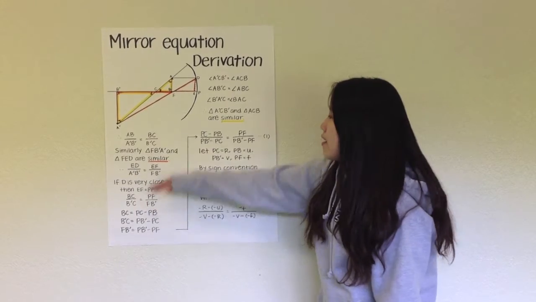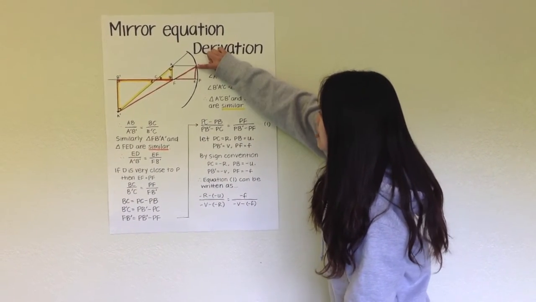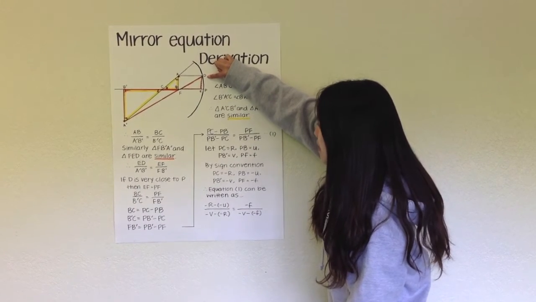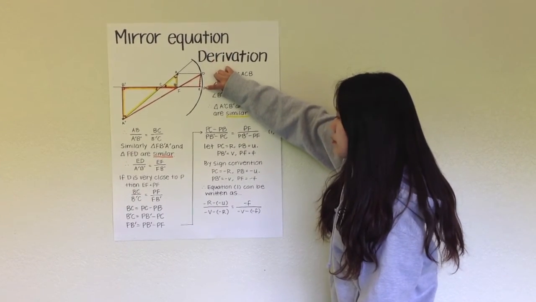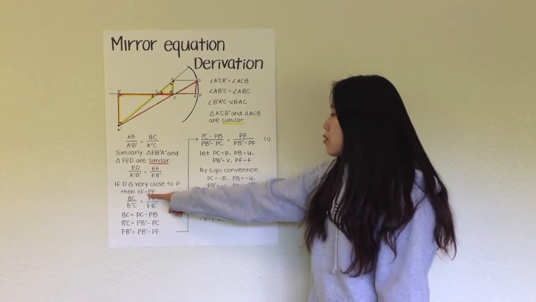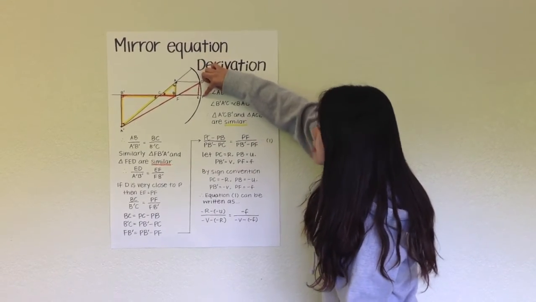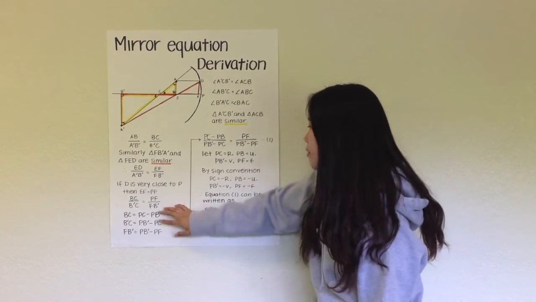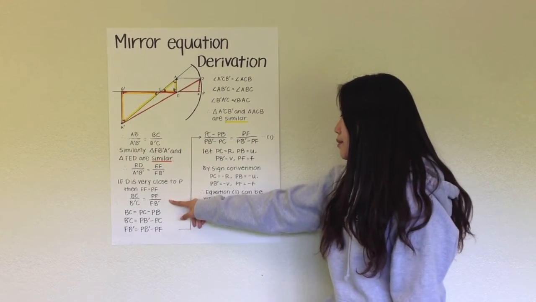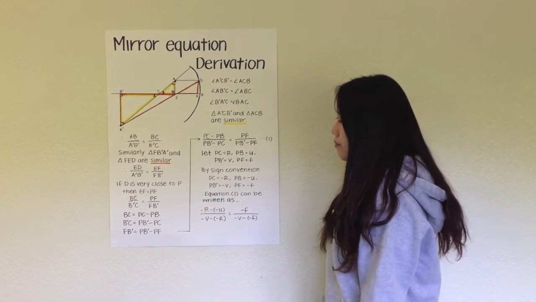Now we can see that if D is very close to P, meaning the point D is going to be the same as the point B, P, then it leads to EF equals PF, which means this line and this line are almost the same. That leads to BC over B prime C equals PF over FB prime.